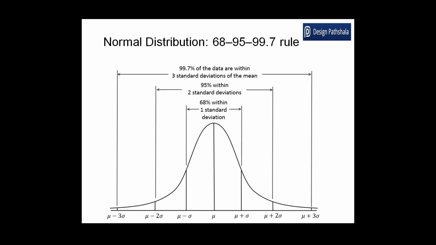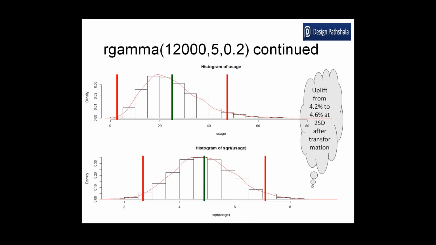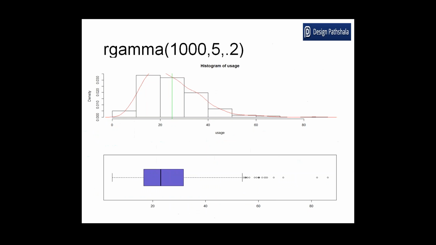I'll tell you what the probability density function is. Similarly, how to plot the mean and plus minus 2 standard deviations in a histogram. We have functions to achieve that.